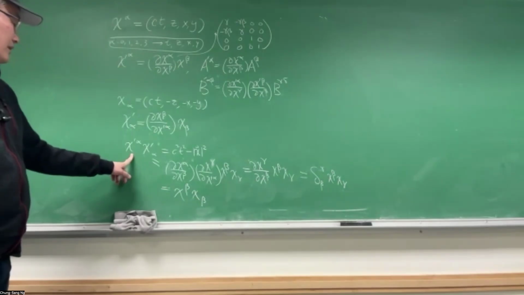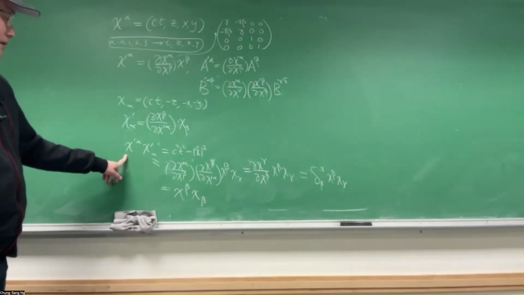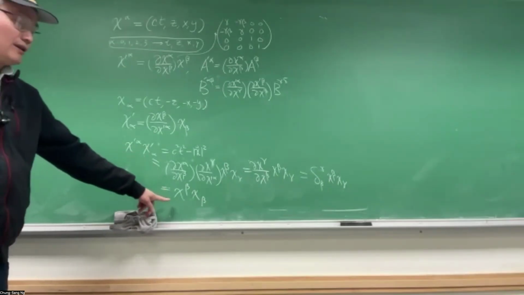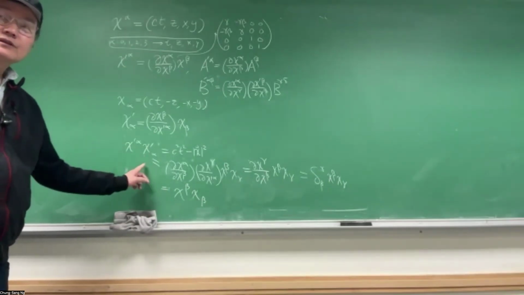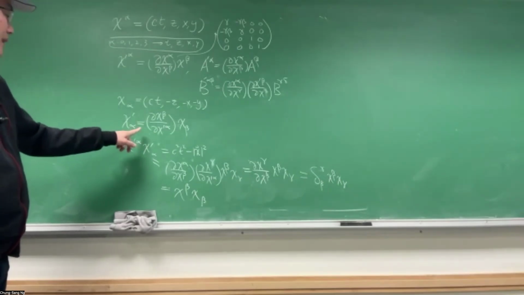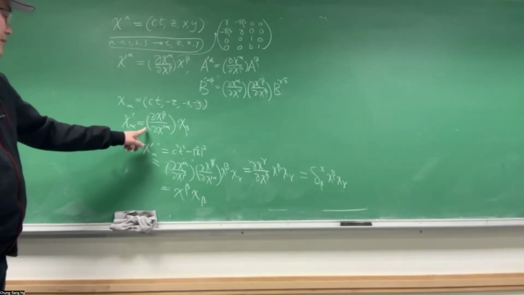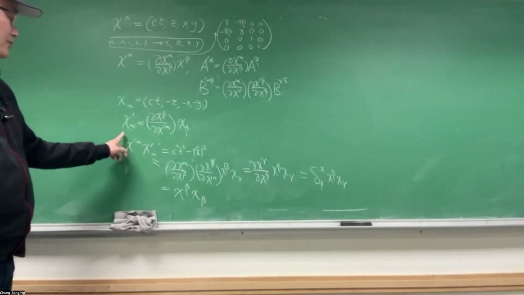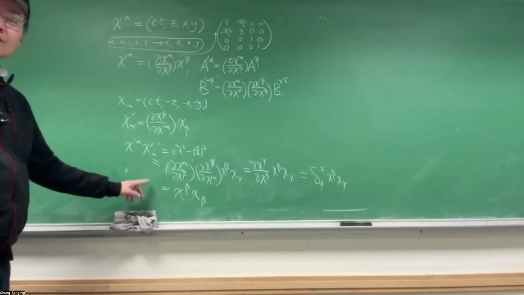So the dot product of this four vector, in the K prime frame and the K frame, is exactly the same. So this definition of the covariant four vector, and how you transform it, makes sure the dot product is invariant.